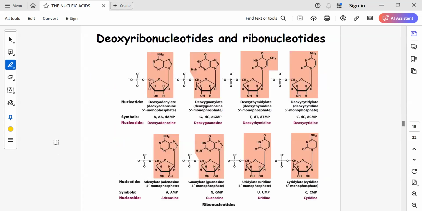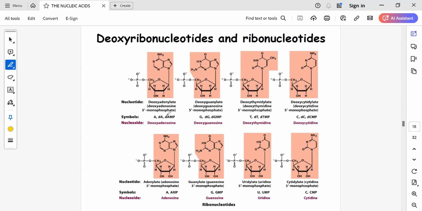So now we are going to look at deoxynucleotides and ribonucleotides. In the case of nucleotides, it can be deoxyadenylate, or it can be deoxyadenosine 5' monophosphate.